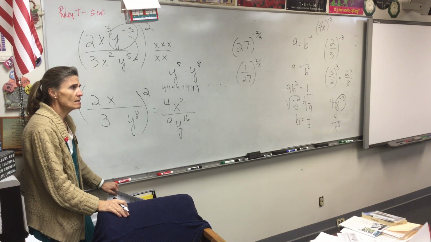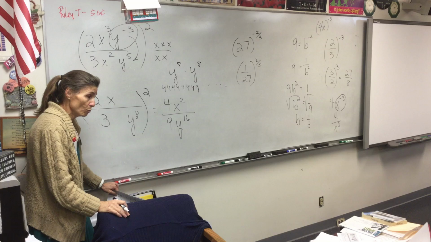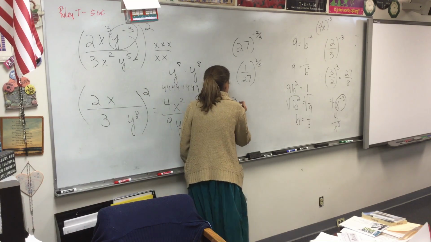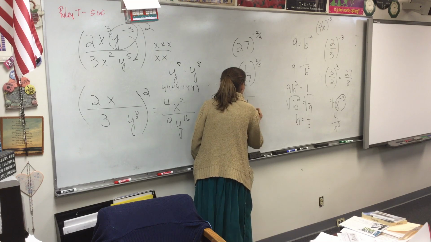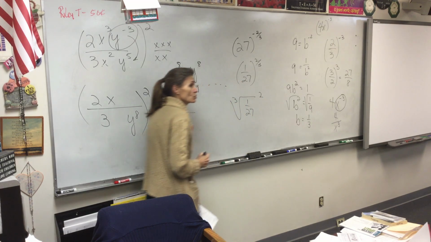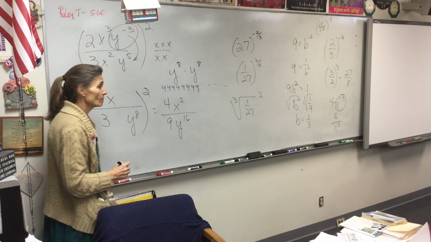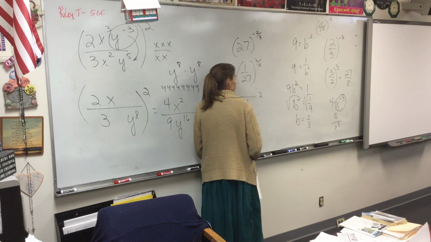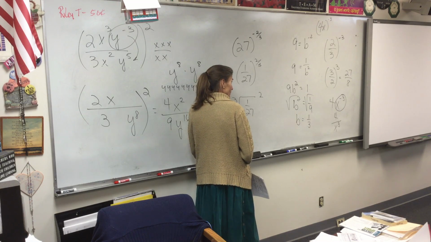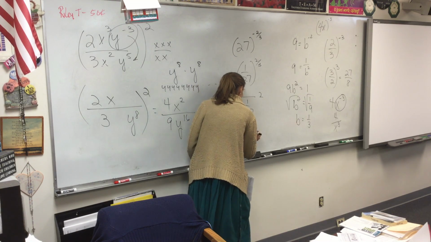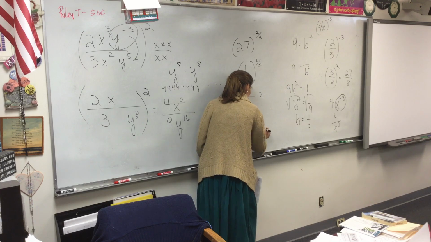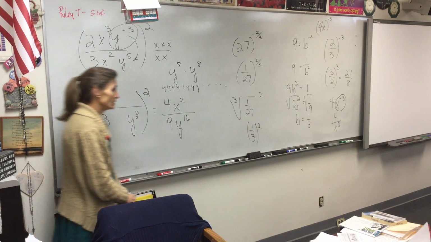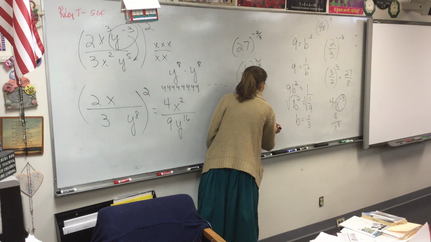Take the cube root and square it. So this means the cube root of 1/27 squared. What is the cube root of 1/27? Not 3, 1/3. And 1/3 squared is 1/9.